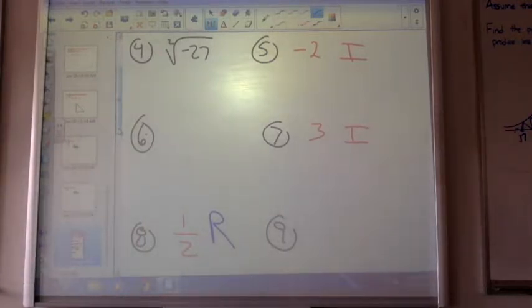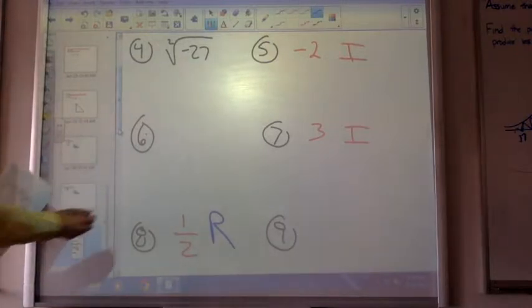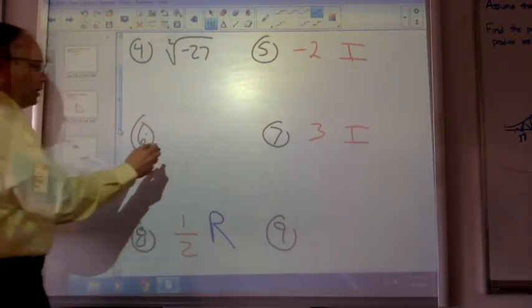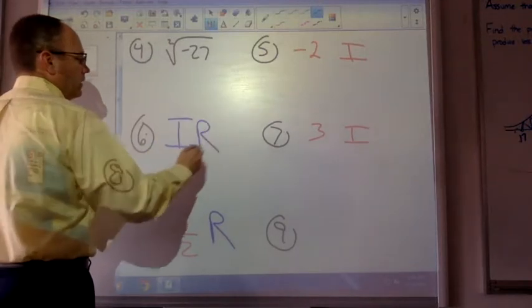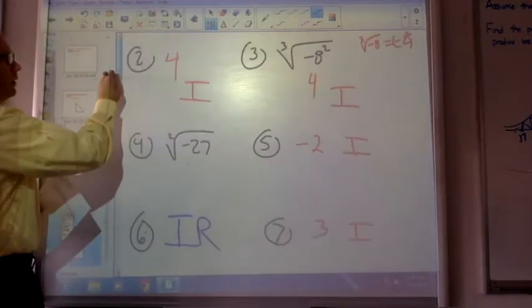It's a perfect square, but is it a perfect cube? No. What times what times what gives me 16? 2 times 2 times 2 gives me 8. 3 times 3 times 3 gives me 27. So number 6 is an irrational number. Okay, I'll put IR for irrational.